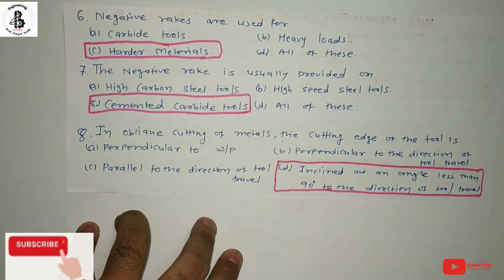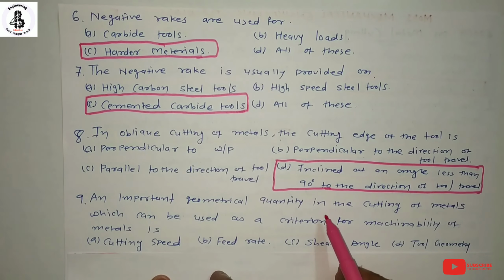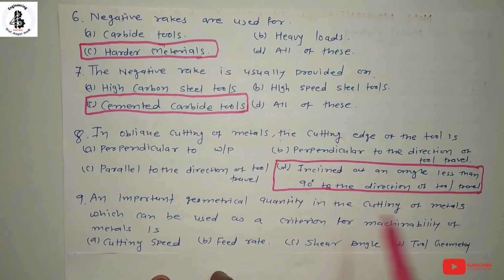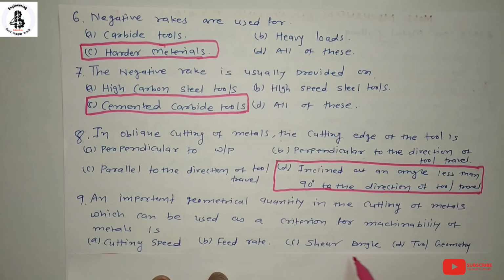Then next question. An important geometrical quantity in the cutting of metals which can be used as a criterion for machinability of the metals. So the first one is cutting speed, feed rate, shear angle, and tool geometry.